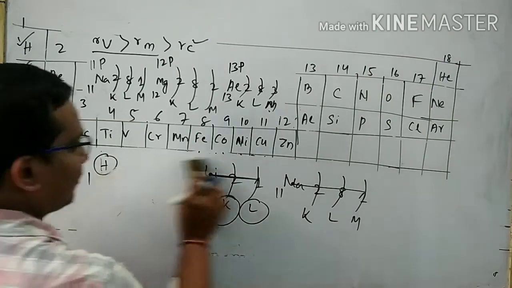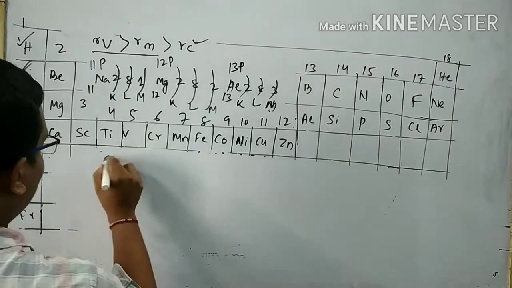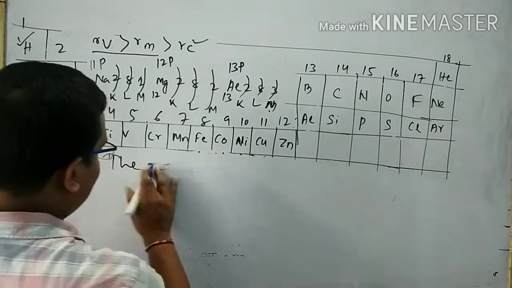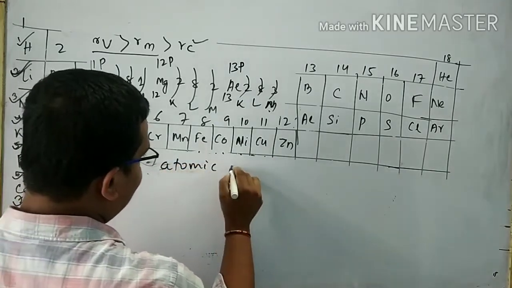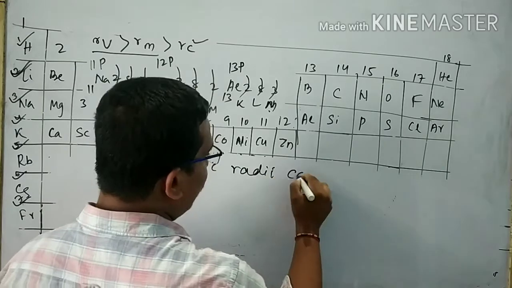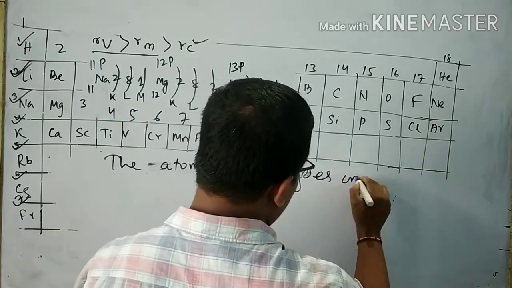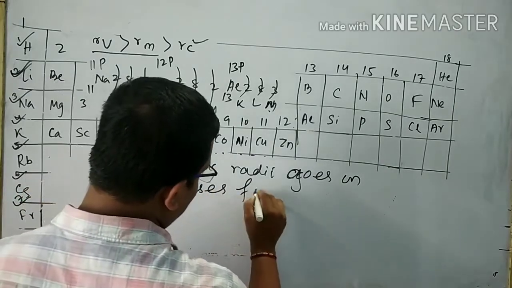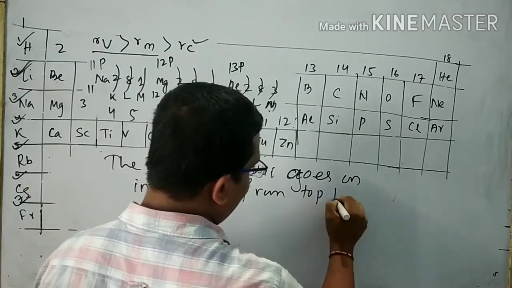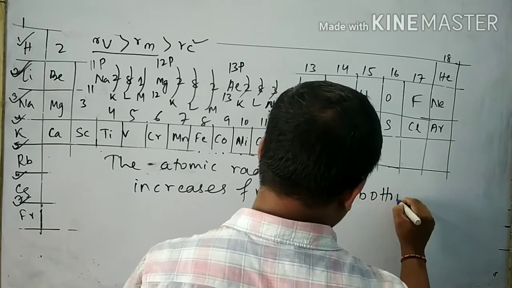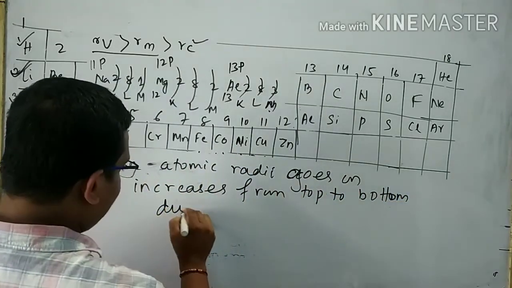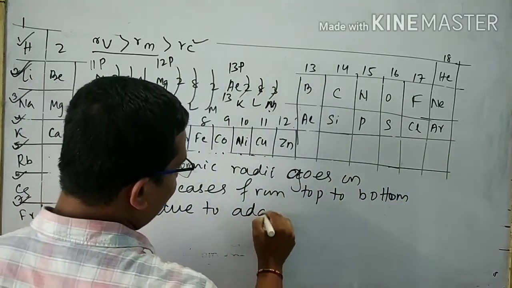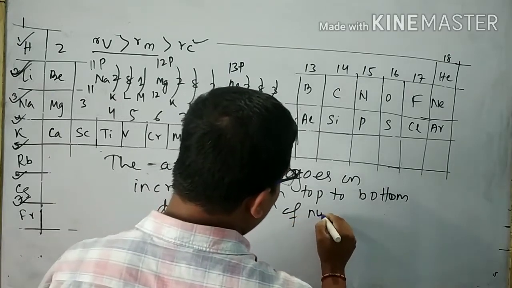So we can write the atomic radii goes on increasing from top to bottom due to addition of new cell.